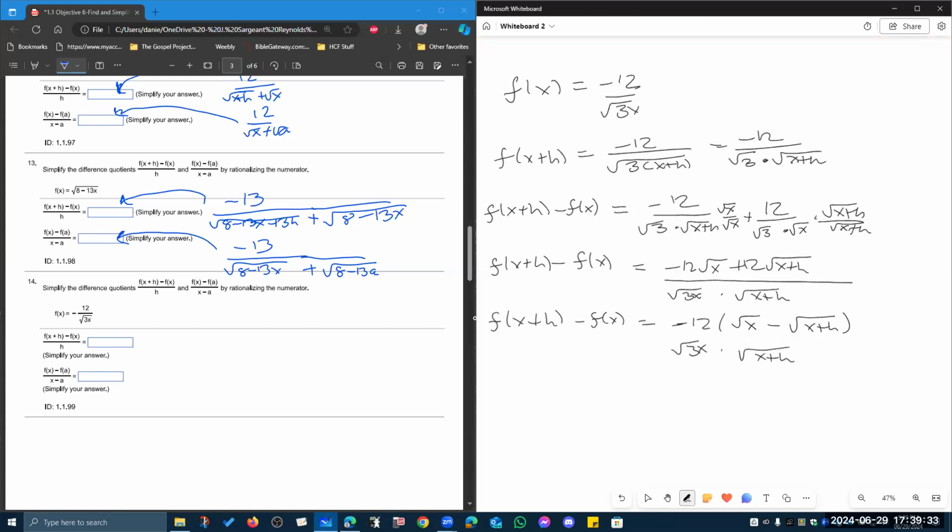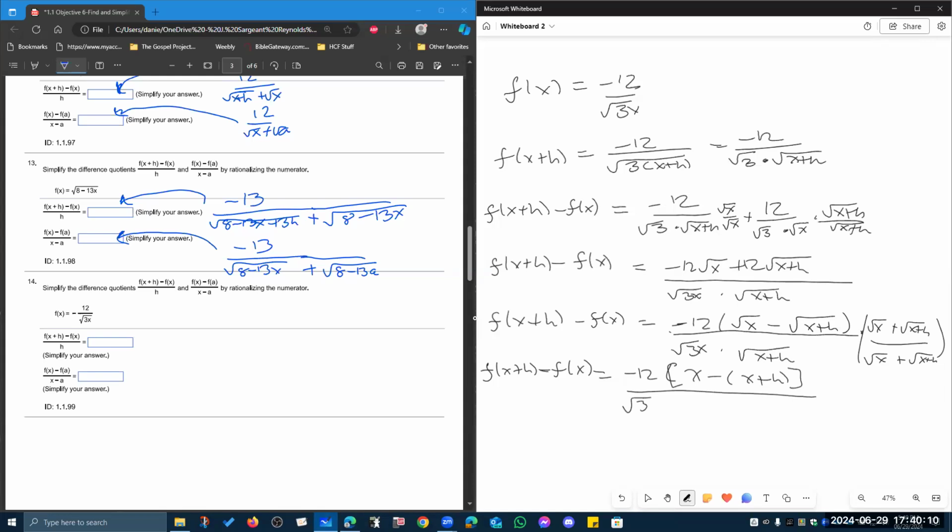Now I need to multiply by the conjugate of this part, root x plus h, so root x plus root x plus h. So f of x plus h minus f of x will be negative 12 times x minus x plus h over root 3x times root x plus h.